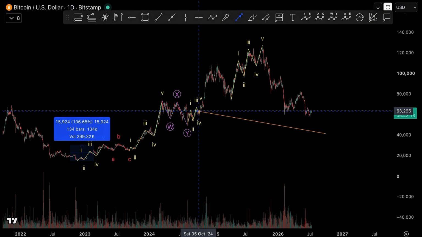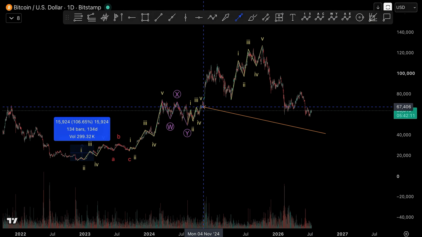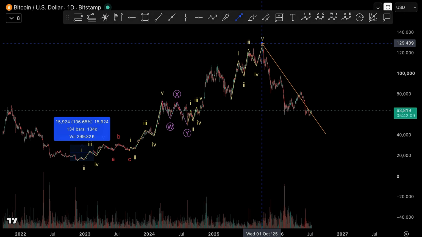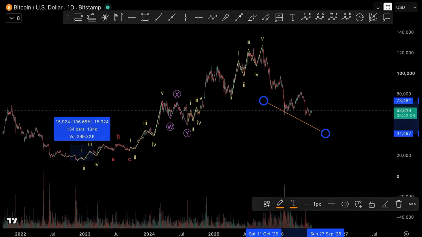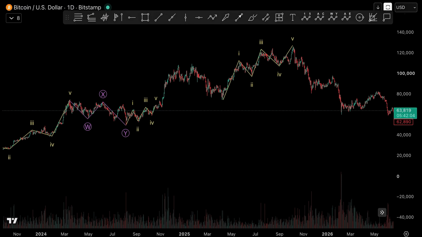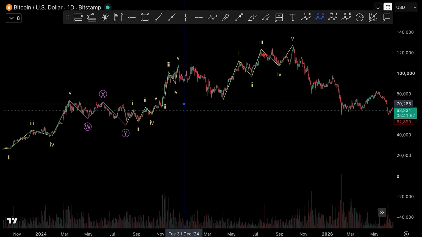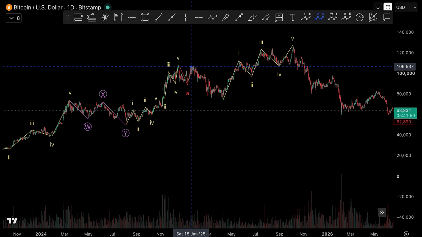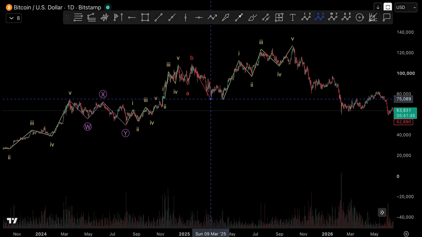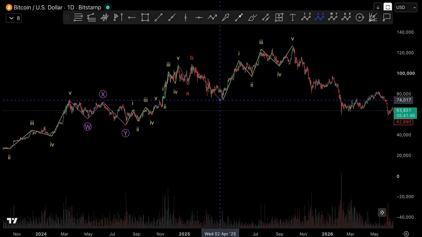This is 1, 2, 3, 4, 5. Okay, so let me finish that drawing here, which is the 5 wave move up. This is the 3, so 1, 2, 3, 4, 5, and this is that ABC.